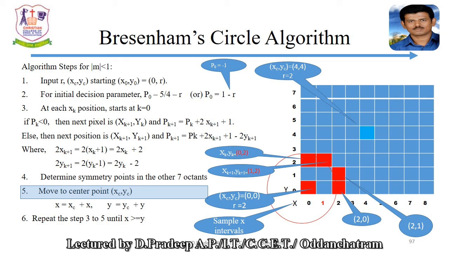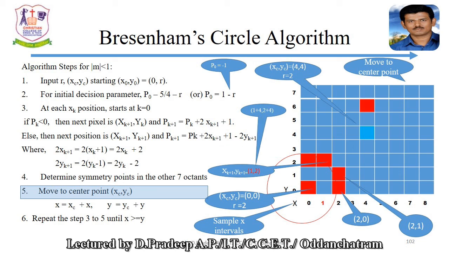After getting all the points, we move to the original center point. So every boundary point has to be added with the corresponding x value and y value. First 0 comma 2: here the x value and y value are added with 4, because 4 comma 4 is our original center point of the circle. So we get 4 comma 6.